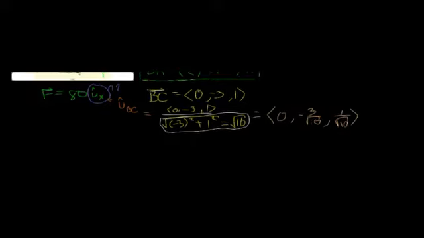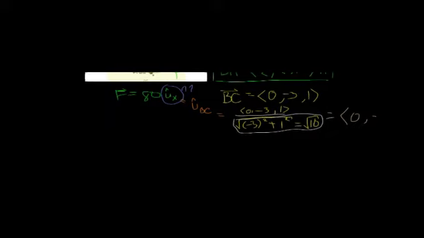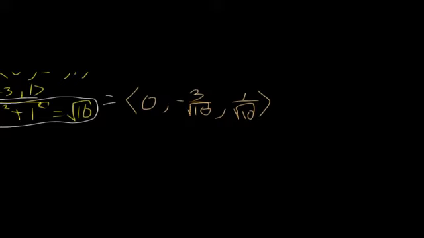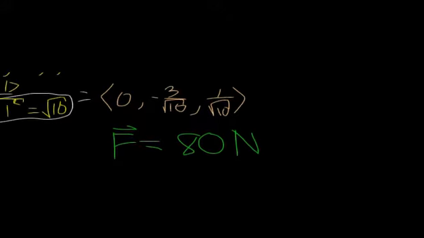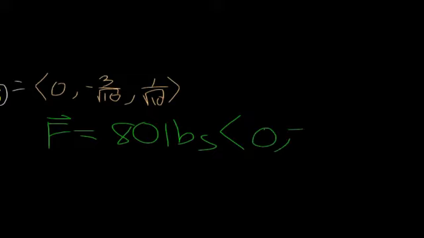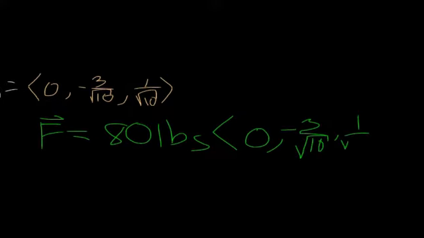So with this, we could calculate the vector F. The vector F is equal to 80 pounds times the vector 0, negative 3 over square root of 10, comma 1 over square root of 10.